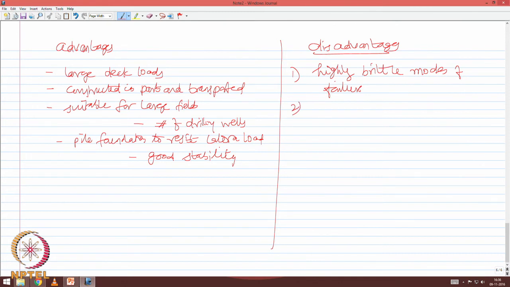Because of the brittle modes of failure being initiated, they generally fail instantaneously, because they are more or less identified as rigid systems.